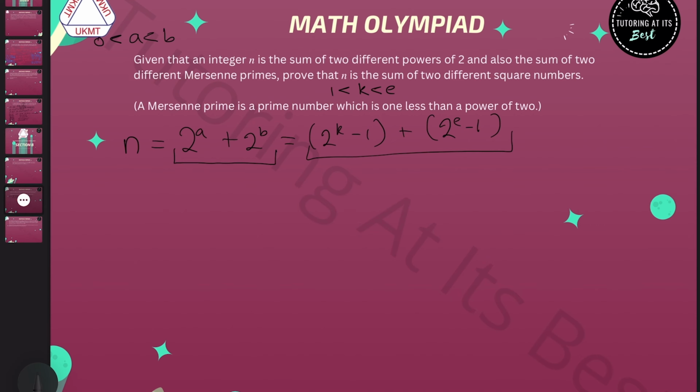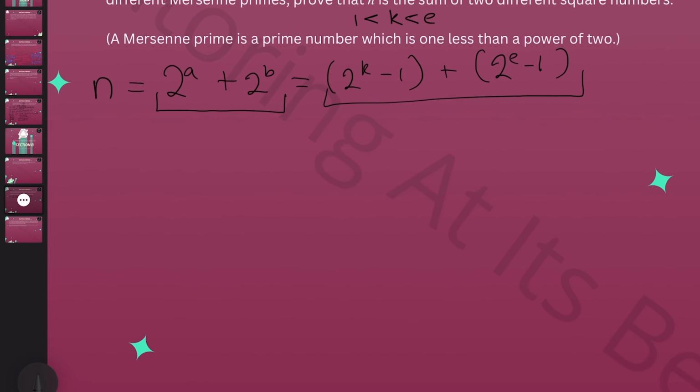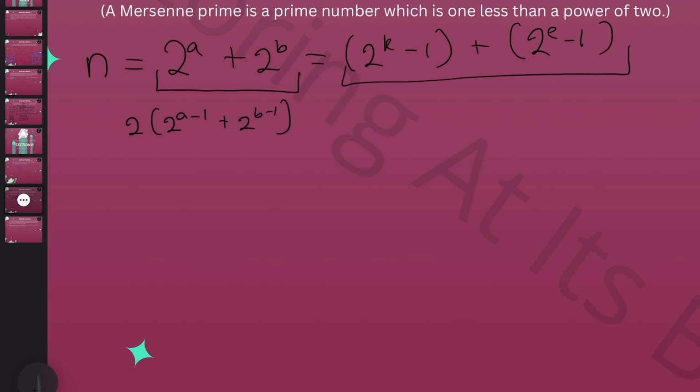So we have two even sides. So let's take out a factor of 2 here, and we'll do the same on the other side. I'm going to combine these two -1s and take out the factor of 2, and I get this.